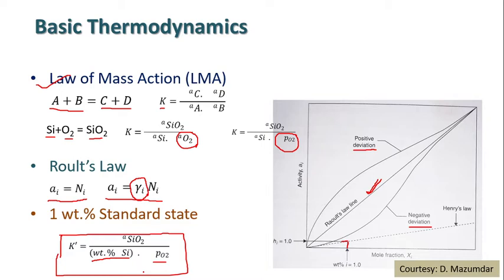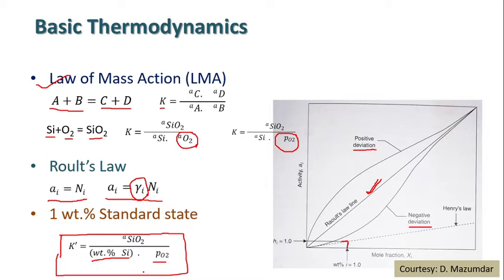But in multi-component systems, solutes can affect the activity coefficient of each other. So we have to consider the interaction parameter for calculating the activity coefficient of each element or each solute.